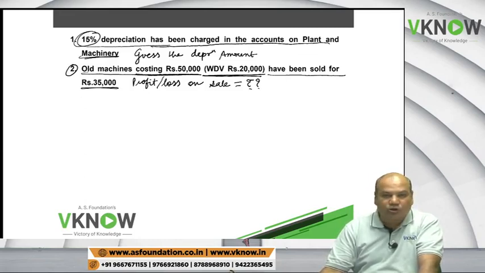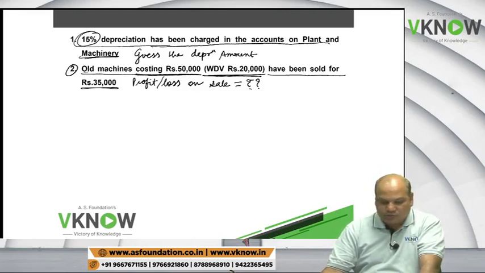Old machine costing rupees 50,000, WDV rupees 20,000 was sold for 35,000. My question is, what is the amount of profit or loss?